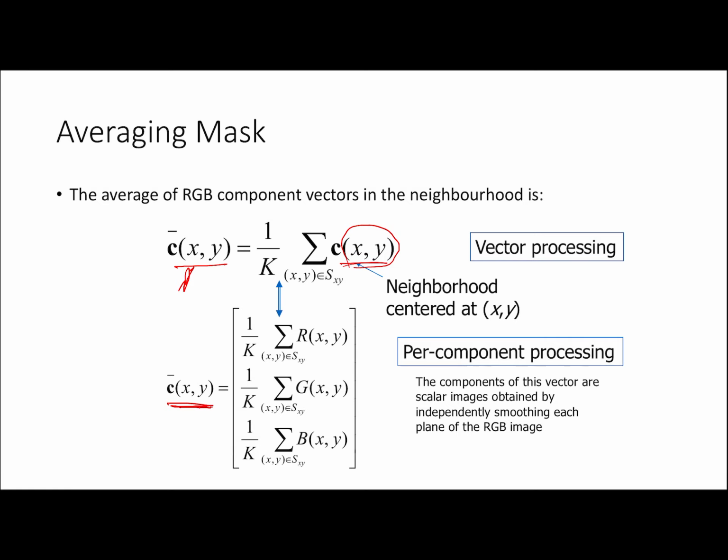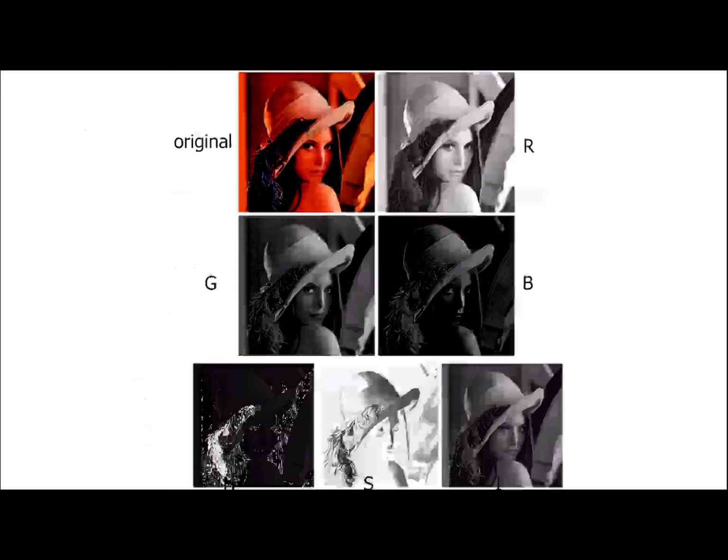Here I can simply do this operation in a plane-wise manner, where C bar xy is nothing but 1 over k times the summation of Rxy for all xy within the neighborhood Sxy. The similar thing I will do for green and blue. And the combination of all three gives us what we call the smooth image.